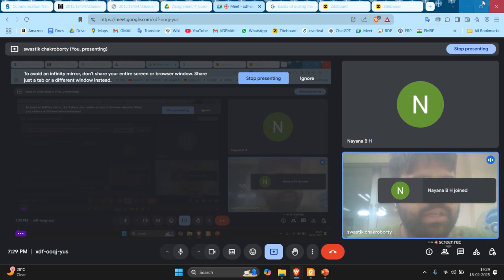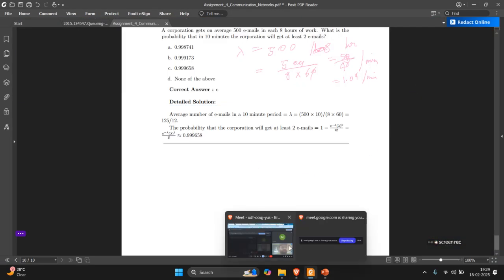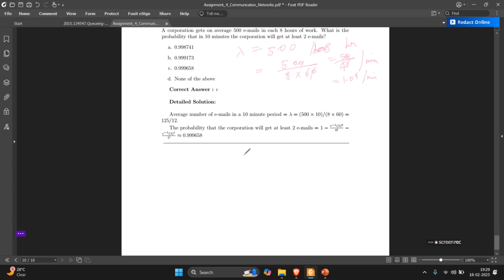The class is from 6 to 8, and it is mostly over now, so we are discussing the last problem. Anyways, so lambda is 1.04 per minute.